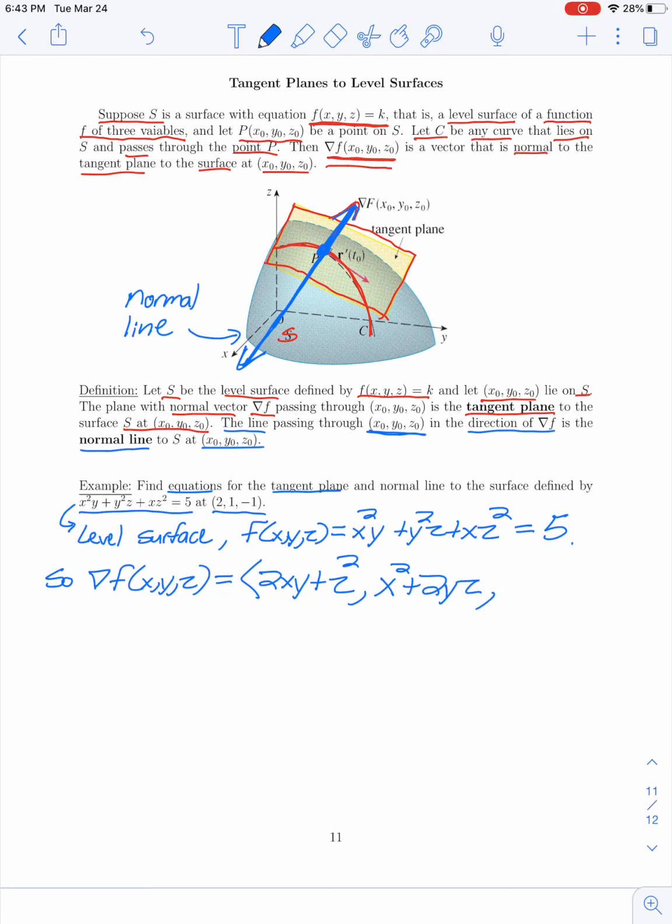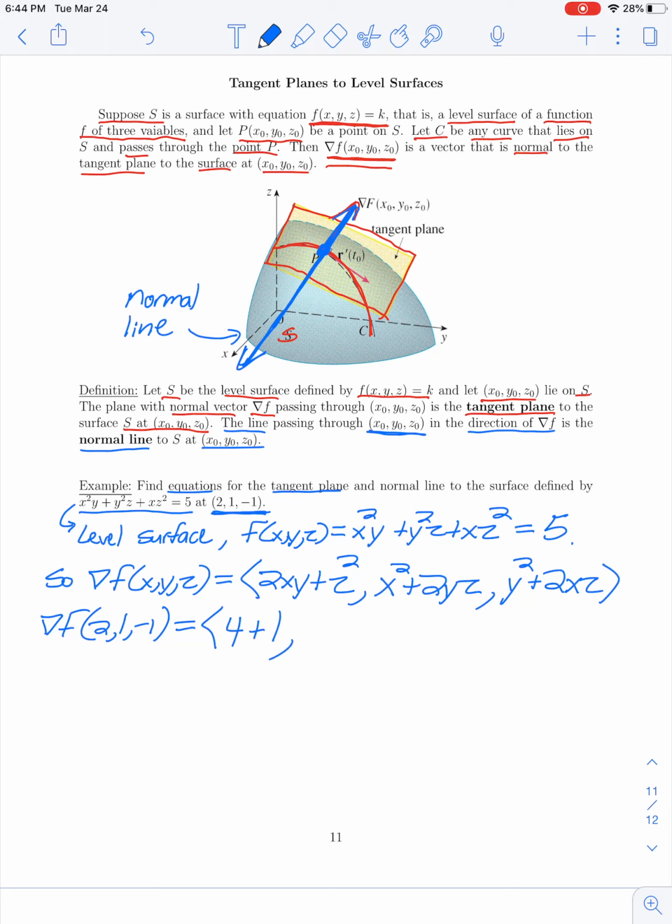Our second component would be x squared plus 2yz. And our third component is y squared plus 2xz. And we're interested in finding the tangent plane to this surface at a specific point, 2, 1, negative 1. So let's evaluate our gradient vector at that point.